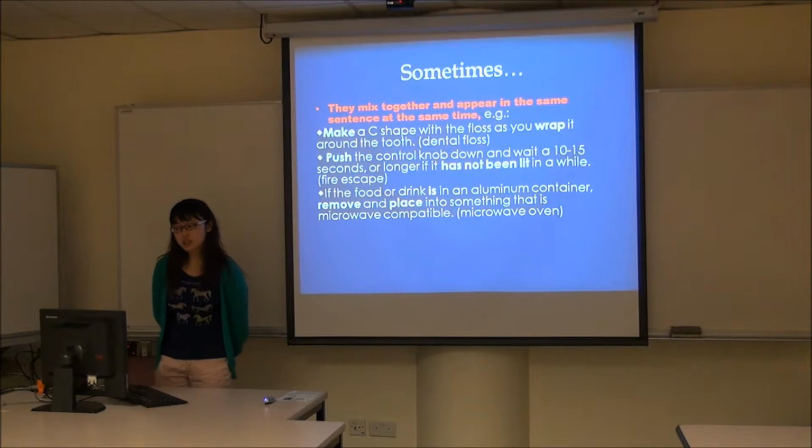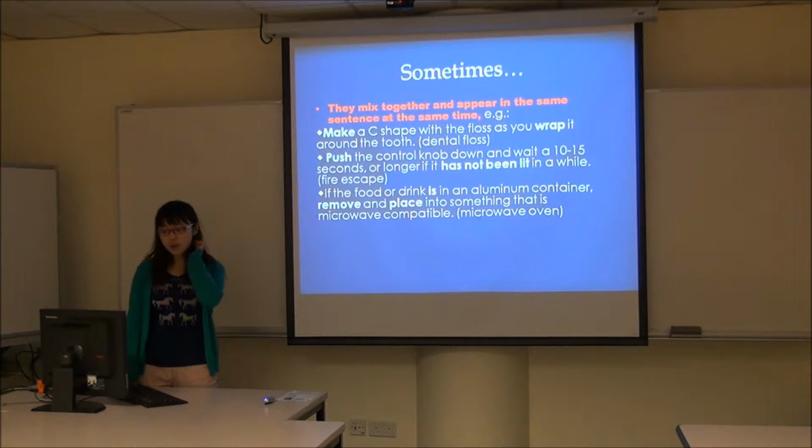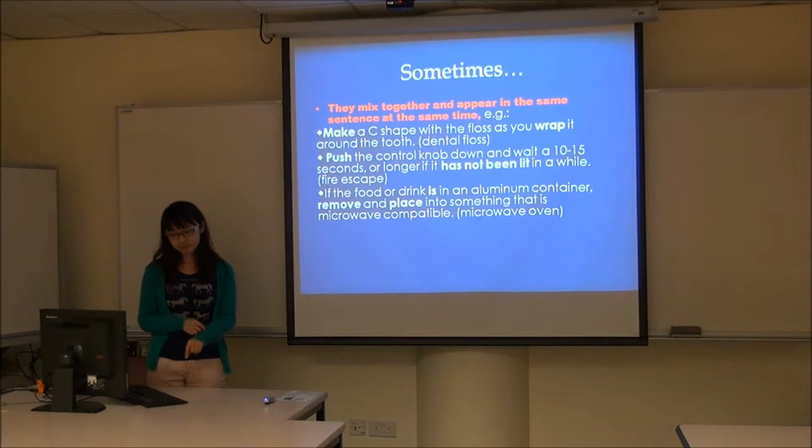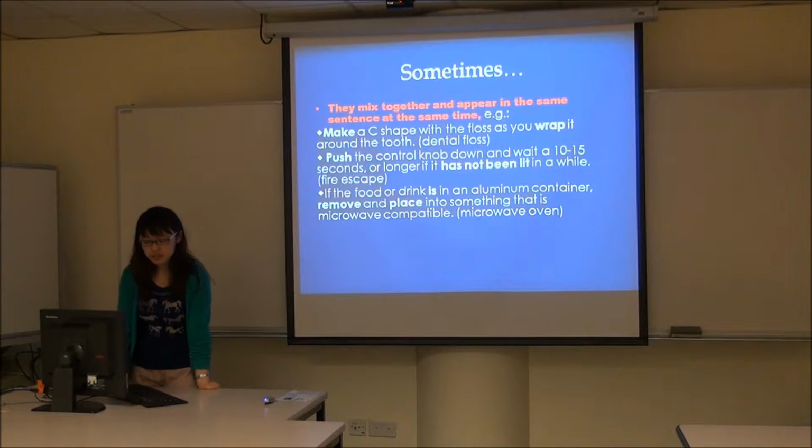The first one, make a C shape with the floss as you wrap it around the tooth. Here, in the previous part of the sentence, make a C shape with the floss, it is apparently a command.